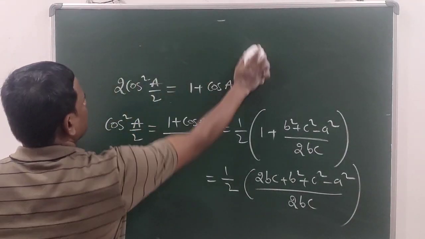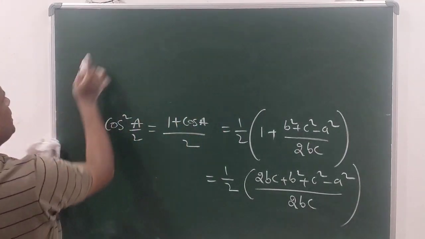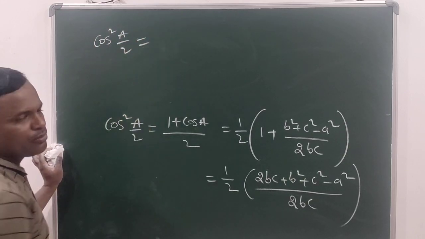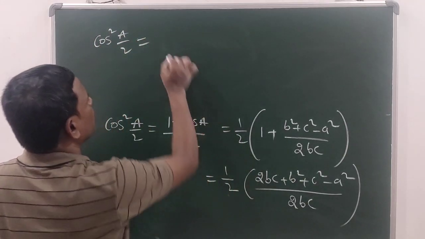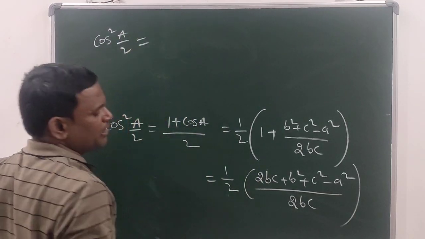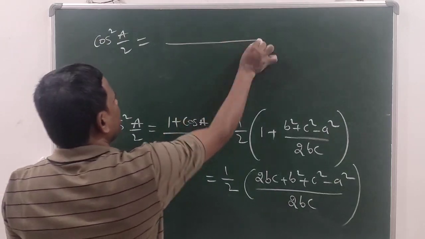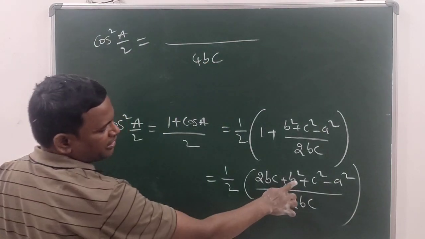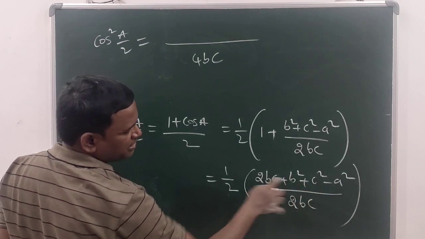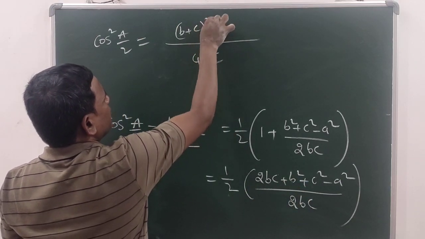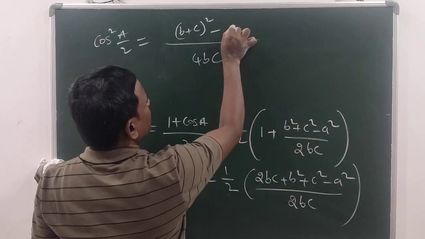Okay, right. Now in the next step, cos square A by 2 is equal to 2 twos are 4, 1 by 4. Otherwise, students, write 4 here itself, 4bc. Now observe the numerator. Here b square plus c square plus 2bc. This part can be expressed as b plus c whole square minus a square.